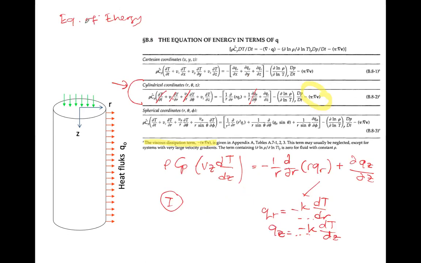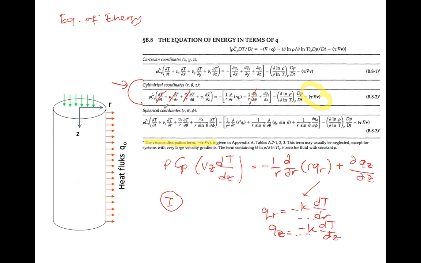Another one, the equation of energy. For the equation of energy, we use B2, or in this case I'm using B8, but B9 is also okay. Here we have the cylindrical coordinate. I'm choosing the cylindrical coordinate, and because it's steady, delete this one.